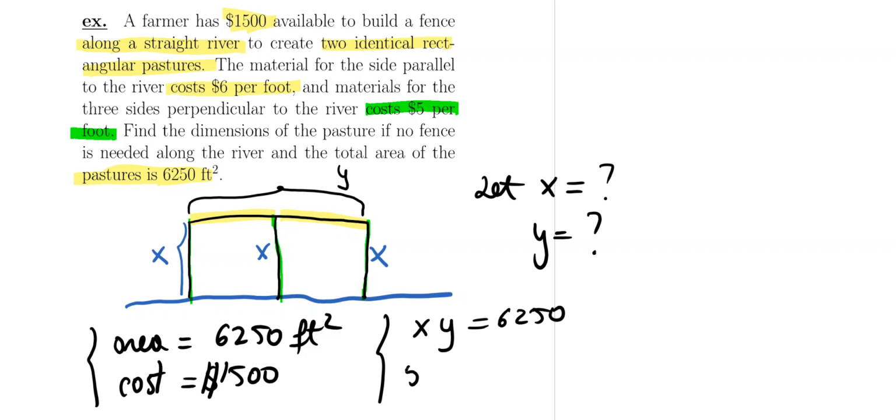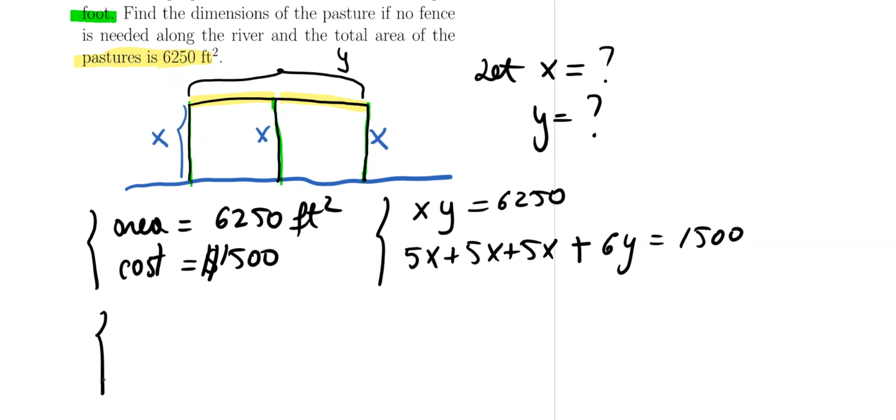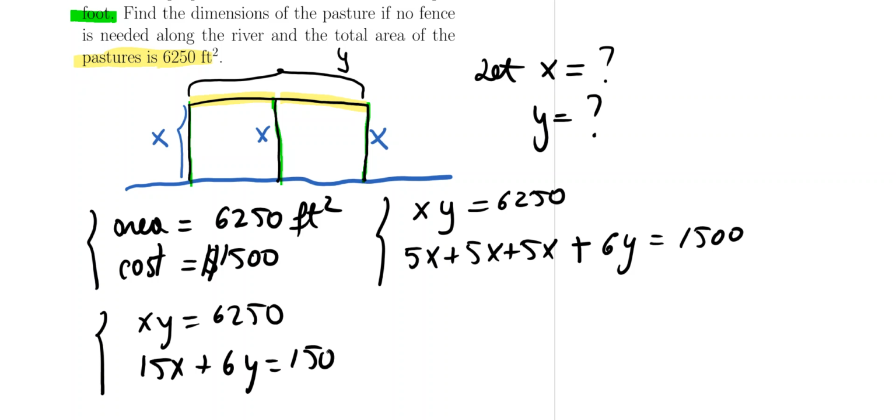So basically the cost is going to be 5x plus 5x plus 5x for these sides perpendicular to the river, plus how much does it cost him for this side parallel to the river? It says 6, right? So it'll be plus 6y must be equal to 1500. There you go, we have our system. So xy equals 6250, and then I have 15x plus 6y equals 1500.